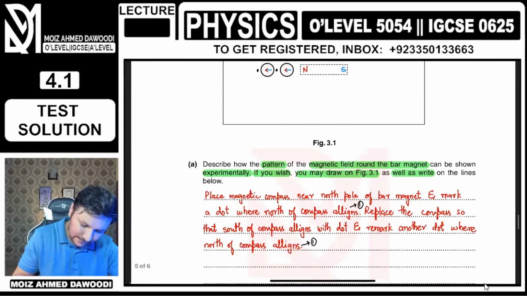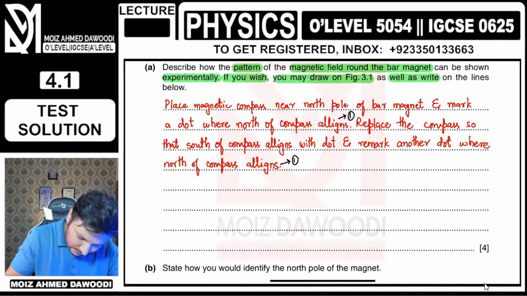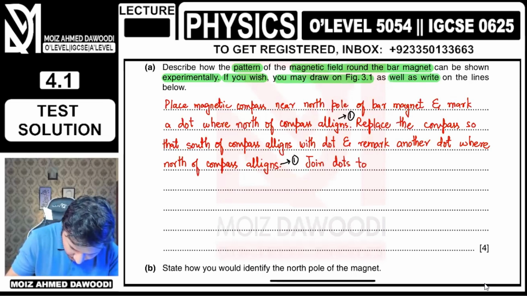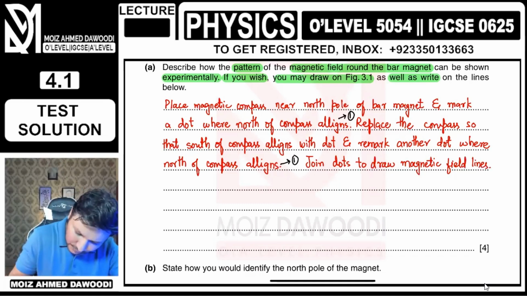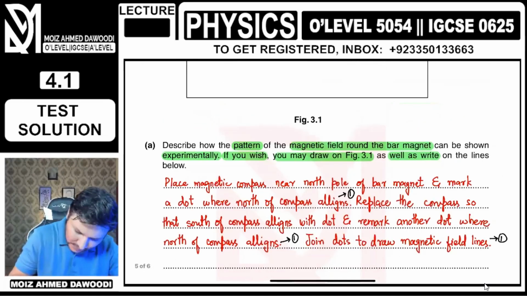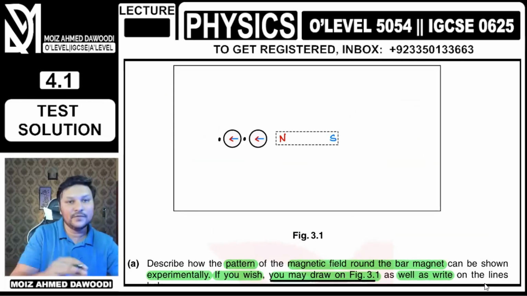Now join the dots to draw magnetic field lines. And this will give you mark number 3. As you can see, you have already shown the process.